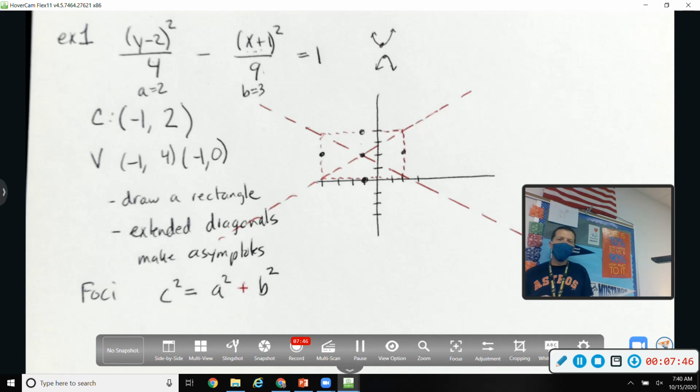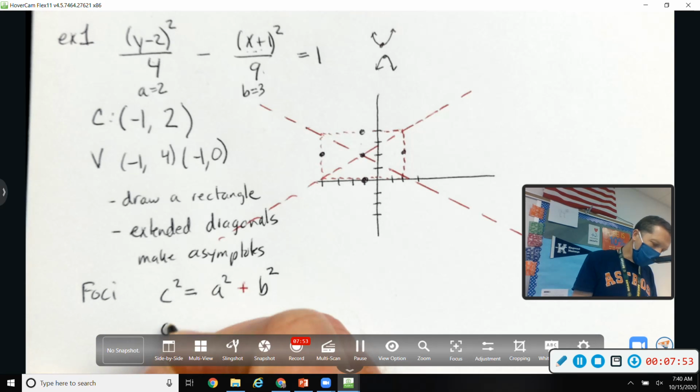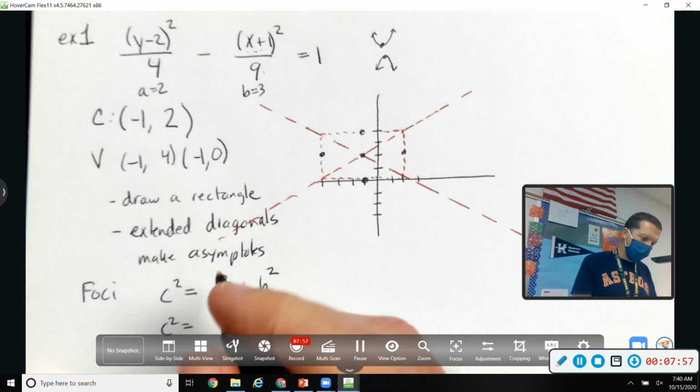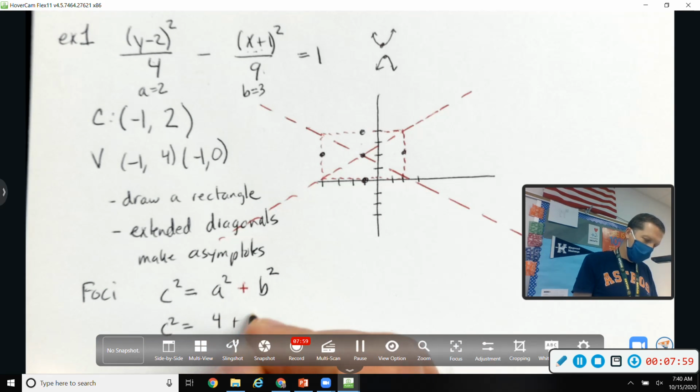So a squared plus b squared. That's our more normal one. And it's nice here, if you get a and b backwards, it doesn't matter because you're adding them. So c is the square root of 13.